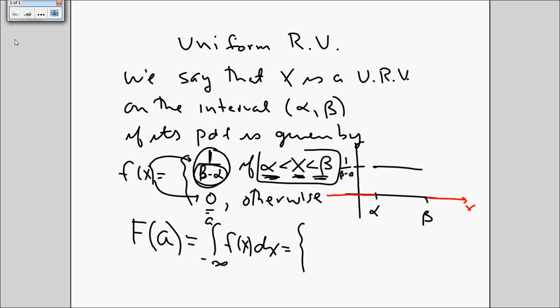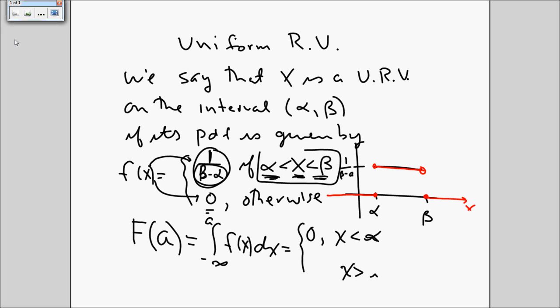There is your function. It's actually open here, and closed here. Well, you're going to get 0 if x is less than alpha.